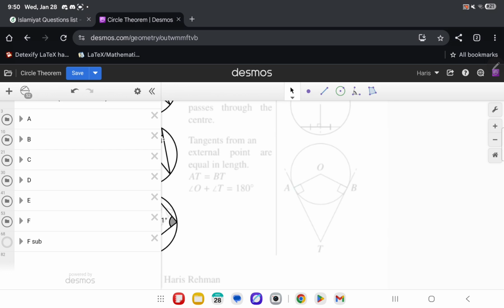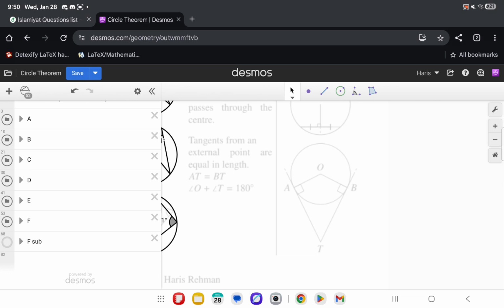That's two. Angles AOT and BOT are equal because the angle AOB is just bisected by the line OT, so they should be equal. The angle is cut into two equal halves, so obviously they should be equal. So this is how you can prove this.